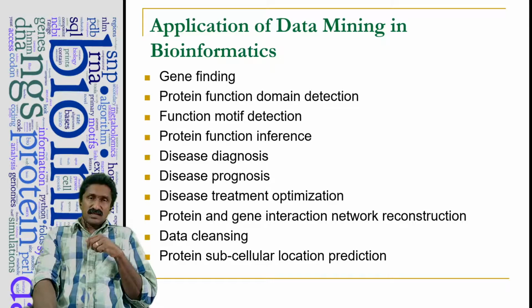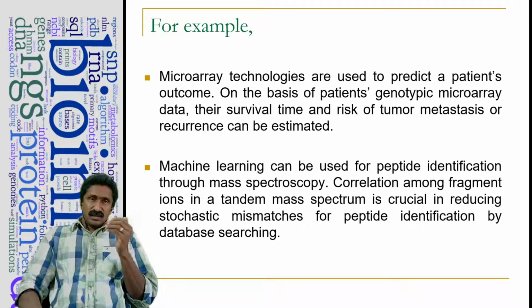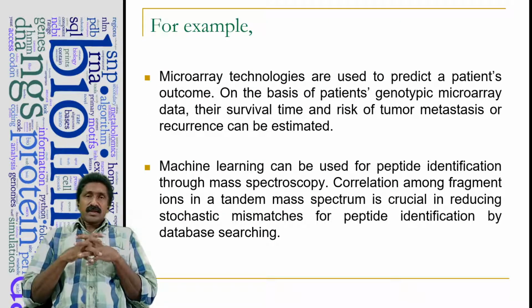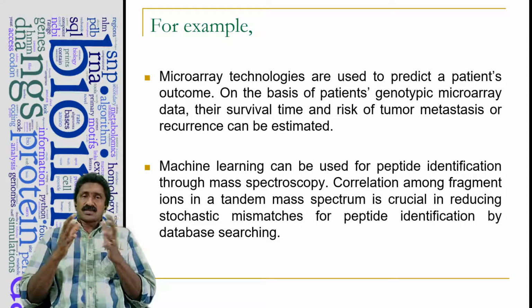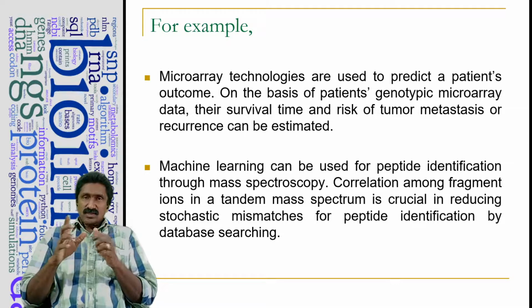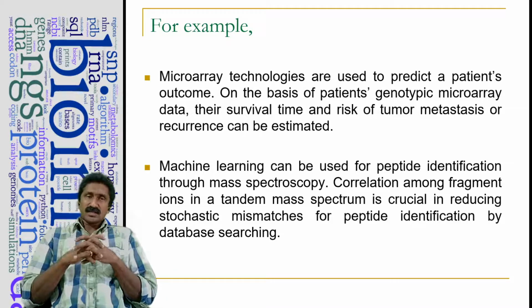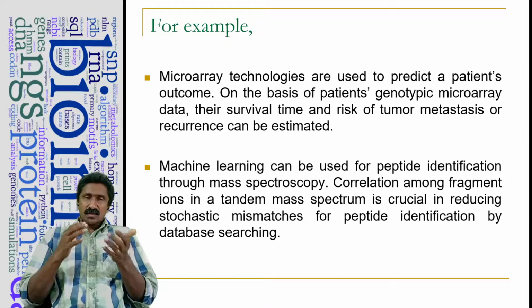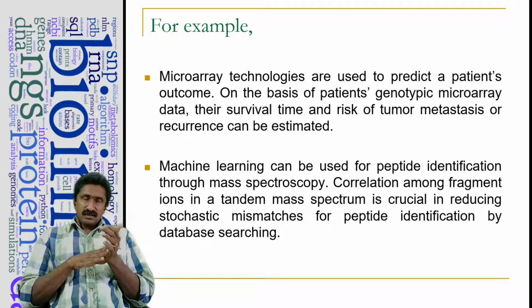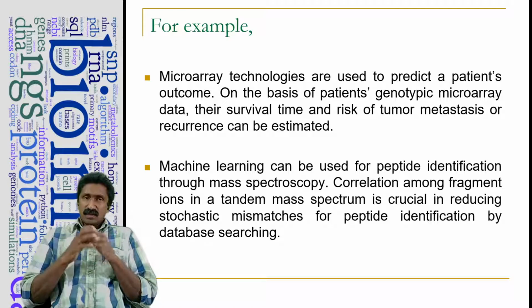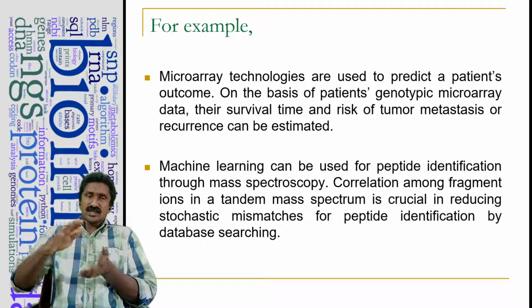and there you can use such data mining tools for extracting the information. For example, microarray technologies are used to predict a patient's outcome. On the basis of patients' genotypic microarray data, their survival time and risk of tumor metastasis or recurrence can be estimated. So that's one type of usage of data mining. Microarray technologies actually analyze the entire gene expression profile.